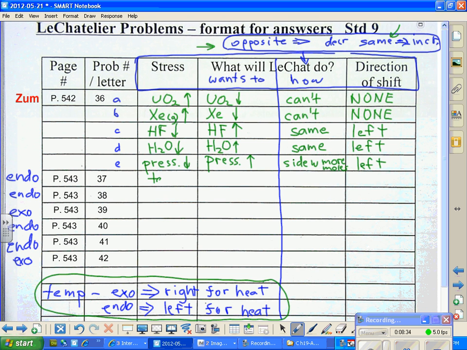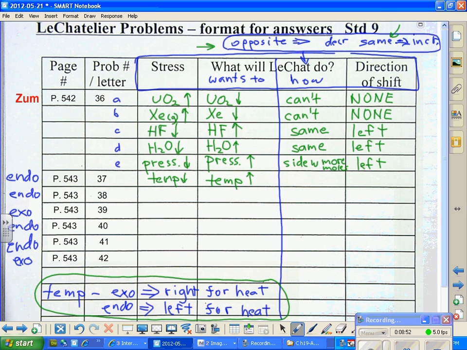So temp is down, and Le Chatelier, of course, wants to get temp up. And this is common. This kind of stuff is what you tend to see with exothermic and endothermic reactions.